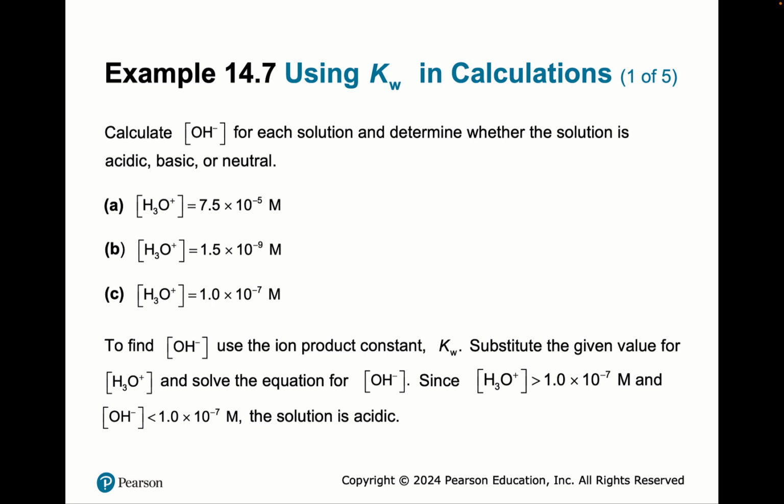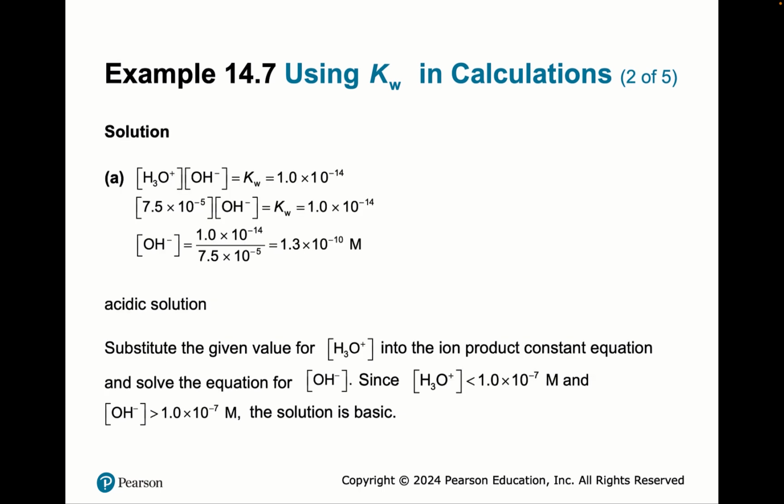Remember the negatives: the -5 is more concentrated than -7 because of the negative exponents. So A is acidic, and B is a lower concentration than neutral, than 10 to the minus 7, so B is alkaline or basic. But we have to go and do the calculations real fast.